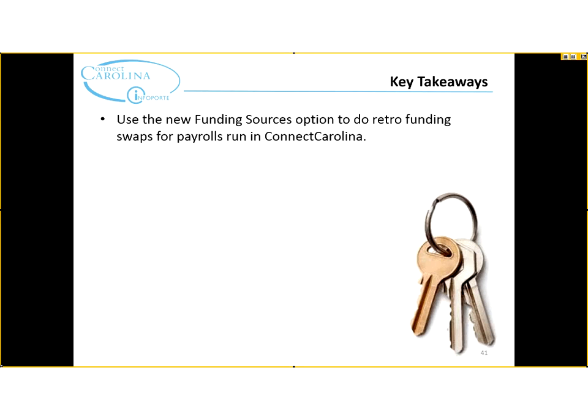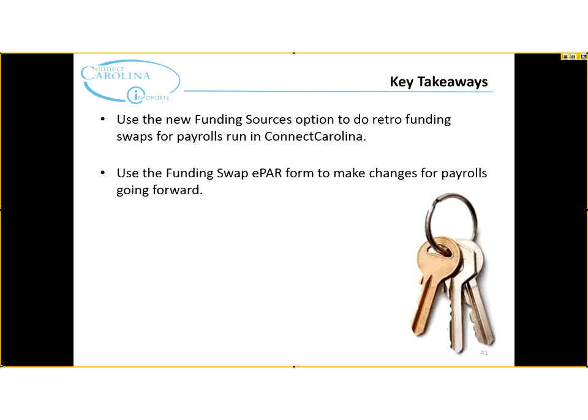All right, a couple of things I want to make sure that you guys are aware of, our key takeaways. The new tool is going to be used to do retros for payrolls run in Connect Carolina, okay? The Funding Swap ePAR is the tool that you will use for payrolls going forward. So if you haven't paid it yet, then you can use the Funding Swap tool.